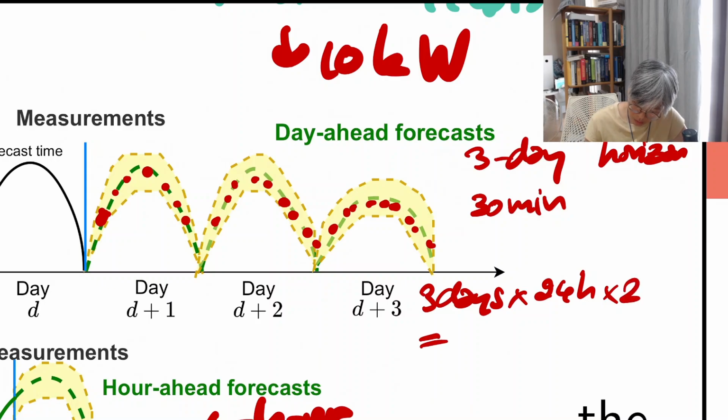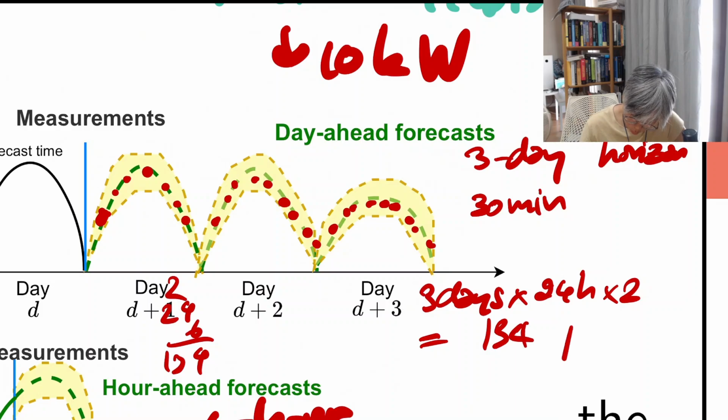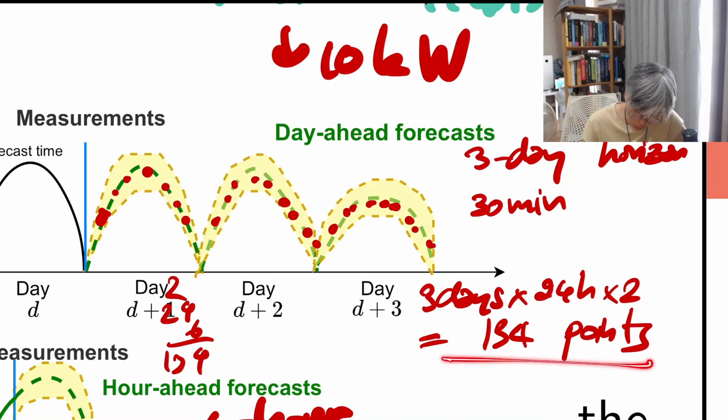You multiply these out: 3 times 24 times 2. And what's the number? It is 144 points. These are the forecast values you're going to release every time you perform a forecast.